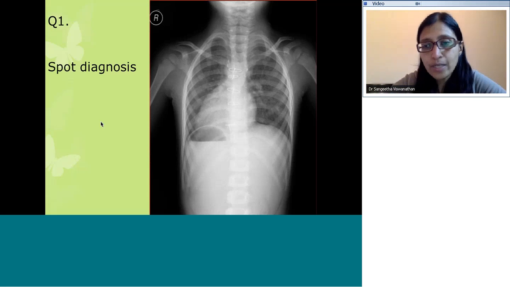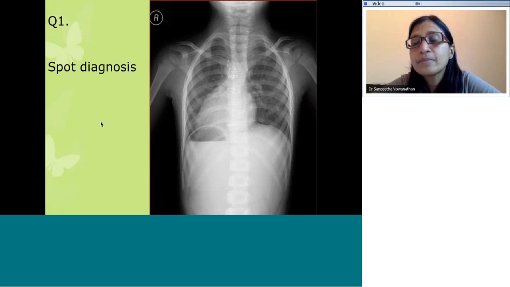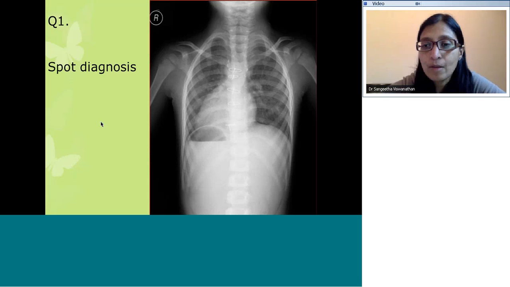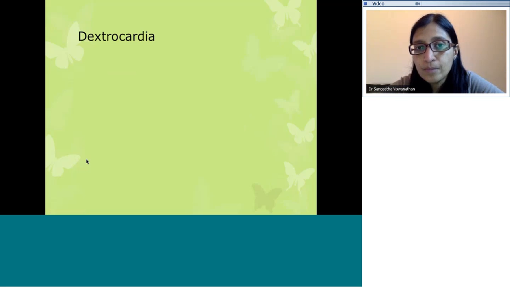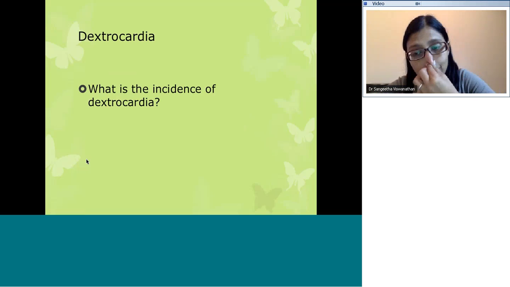Just a number, what do you think? No answers. Okay, so the incidence of dextrocardia is less than 1% in the general population.